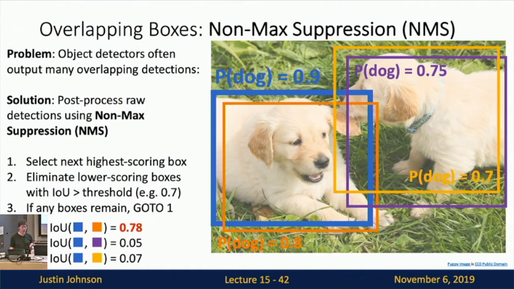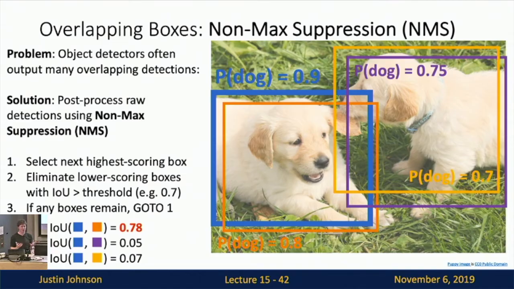And then you compute the intersection over union between that highest scoring box and each other box that was output by the detector. By construction, because we started with the highest scoring box, each of these other boxes will have lower scores than the one we're looking at here. Then we're going to set some threshold, often something like 0.7, relatively high, and say that if our detector output two different boxes that had an intersection over union greater than this threshold, then it's likely that they did not correspond to different objects.